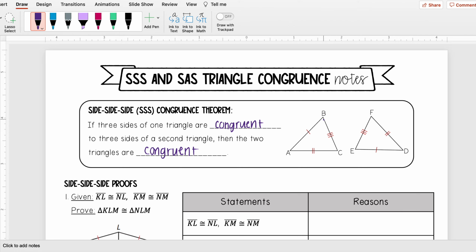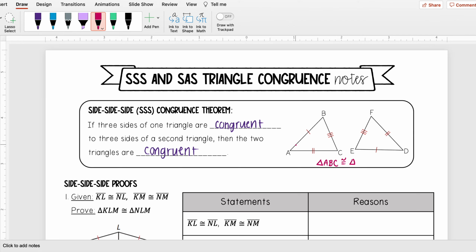So here we see that three sides of triangle ABC are congruent to the corresponding sides over here. So that means that these triangles are going to be congruent. So I could infer from this diagram that triangle ABC is congruent to this triangle.